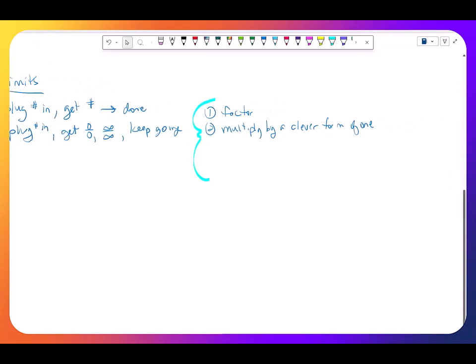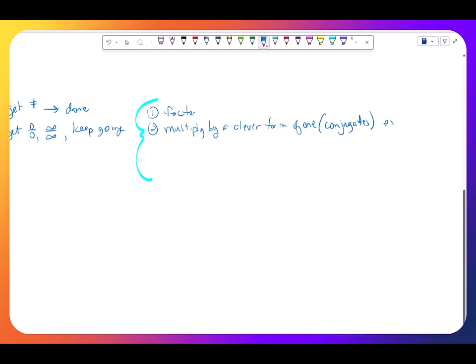You know, a lot of times those are conjugates. For example, say 1 plus root x over 1 plus root x.